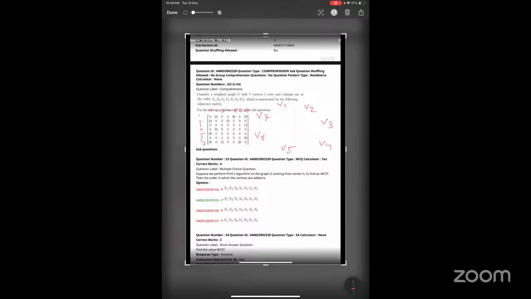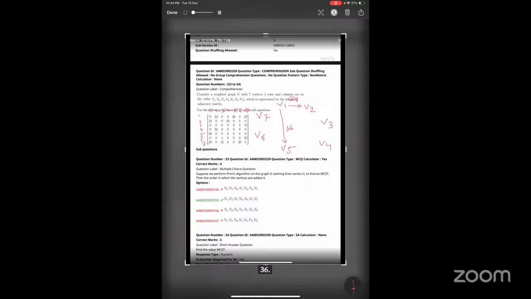So V1 to V2, we have a direct edge with 24. If I am doing something wrong, then immediately let me know. V1 to V5, we have a direct edge with 36.